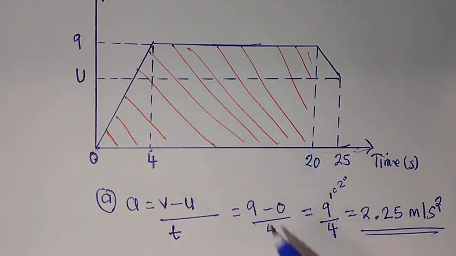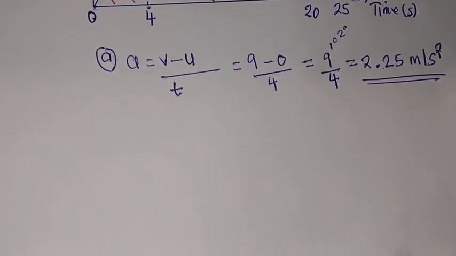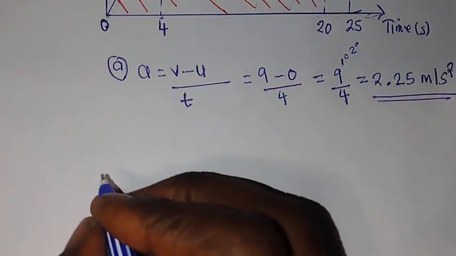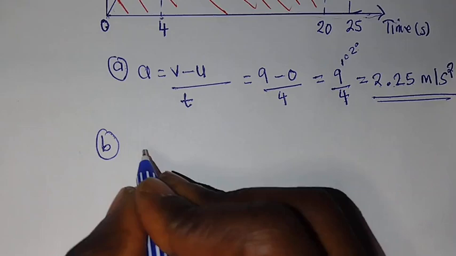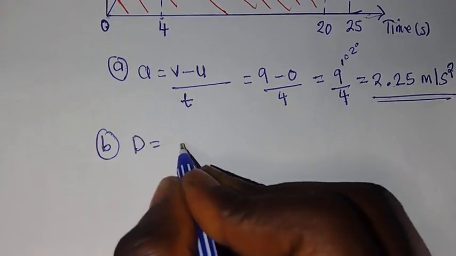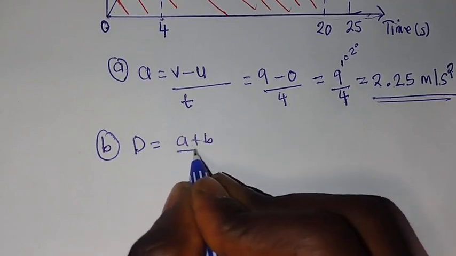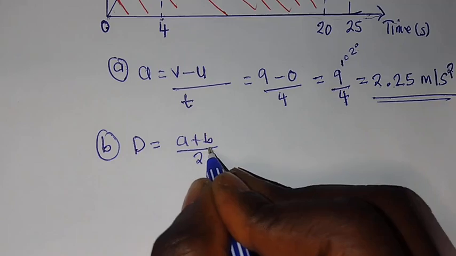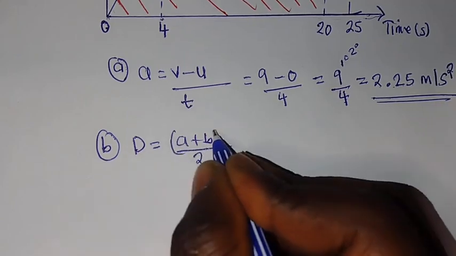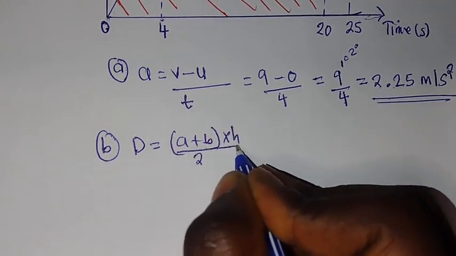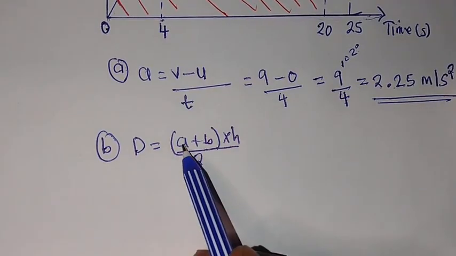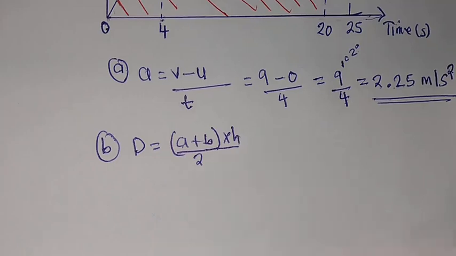So this being a trapezium, we are going to use the formula for the trapezium. So distance is equal to (A plus B) over 2, in brackets, times H. So we need to find the value of A, the value of B, and the value of the height.